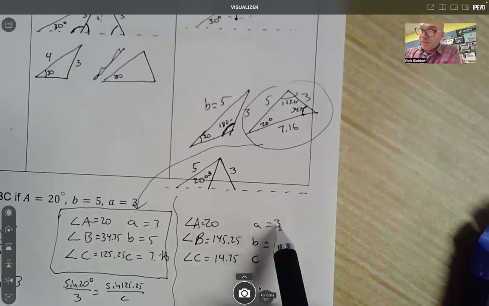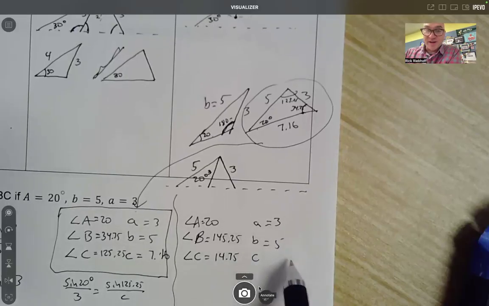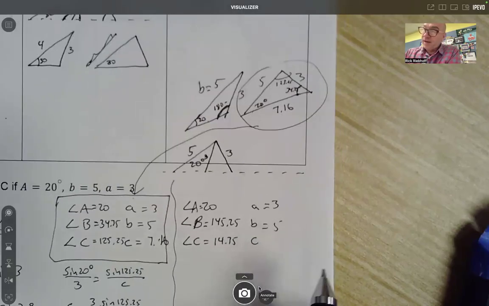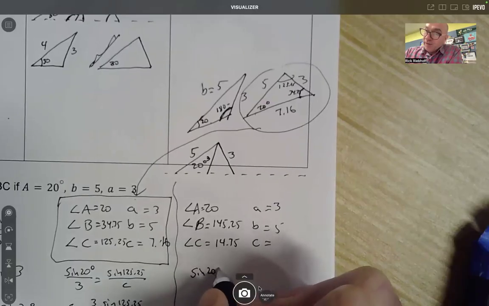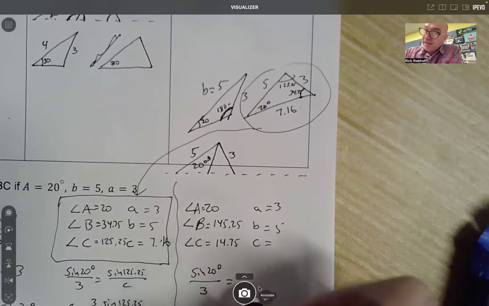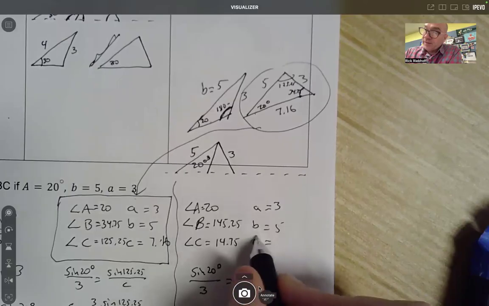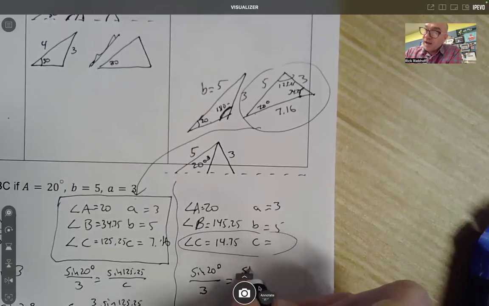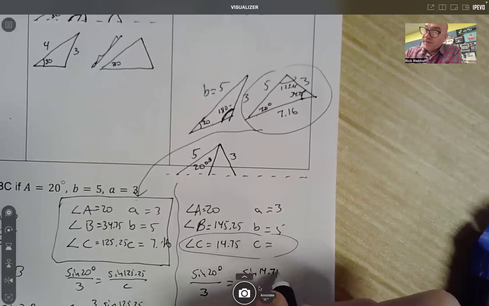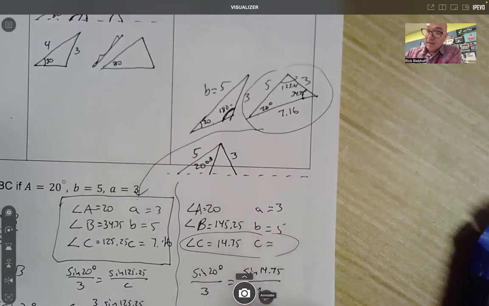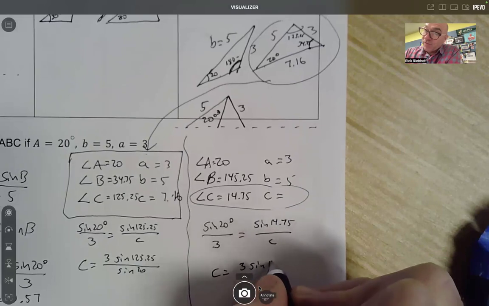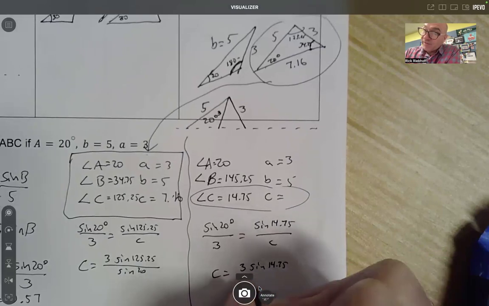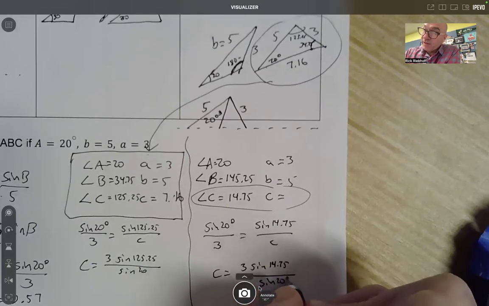All right. So we got the 3, we got the 5. We just have to find that last thing, right? So let's go. I'm just going to go sine of 20 degrees over 3 is equal to, and we're doing this last one here, sine of 14.75 over C. So that means C is equal to 3 times sine 14.75 divided by sine of 20 degrees.